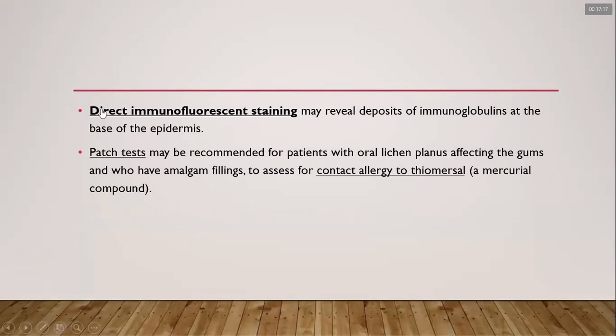When we do direct immunofluorescence staining, if available, we reveal deposits of immunoglobulins at the base of the epidermis. A patch test is sometimes recommended for patients with oral lichen planus who have affection of the gums and who have amalgam fillings, to assess for contact allergy to thimerosal.